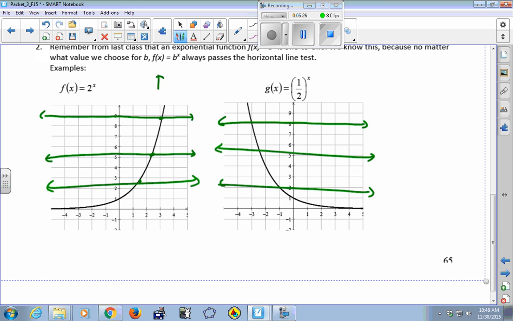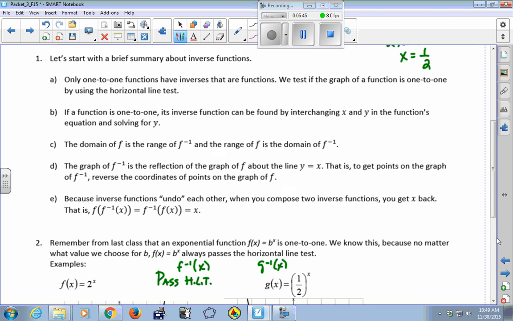So both of these pass a horizontal line test. So we know that there is something that exists called f inverse of x and g inverse of x. We don't know what it is yet, but we know it exists. So we know it has an inverse because it passes the horizontal line test. All right. B, Mackenzie?